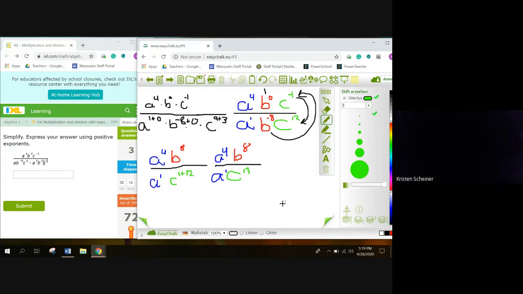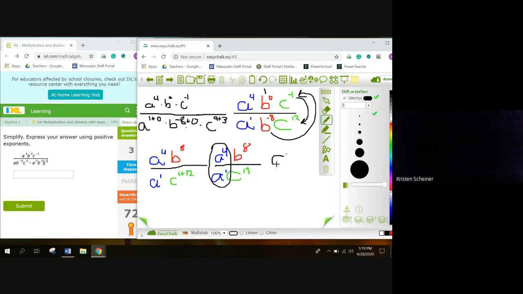So now you can see that we only have one B term, we only have one C term, but we still have these two A's, so we're not fully simplified yet. This right here becomes a quotient property of exponents, where we have to subtract those exponents.